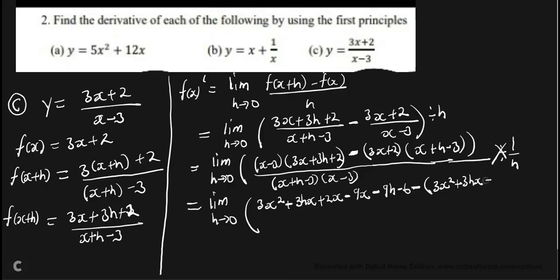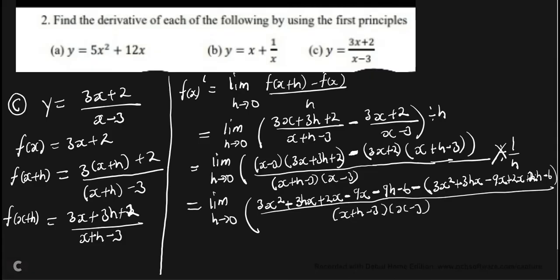Then 3 times 3x is negative 9x. Then you go to 2, and 2 times x is 2x. Then plus 2h, then minus 6, close the bracket, over x plus h minus 3 and x minus 3.